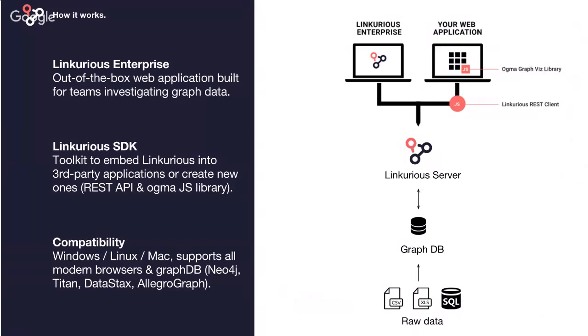You can either use the out-of-the-box solution Linkurious Enterprise that you just saw in the demo, which is a web application to investigate your graph data, or you can use our SDK to add graph features to new or existing applications. The SDK gives you access to the Linkurious Enterprise API and to our Ogma JavaScript graph visualization library.